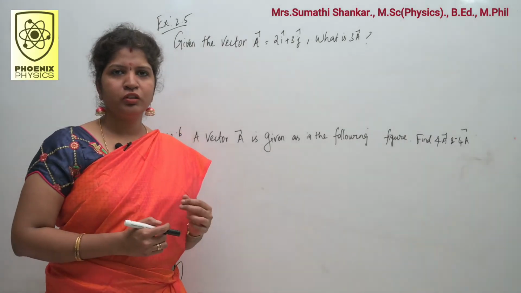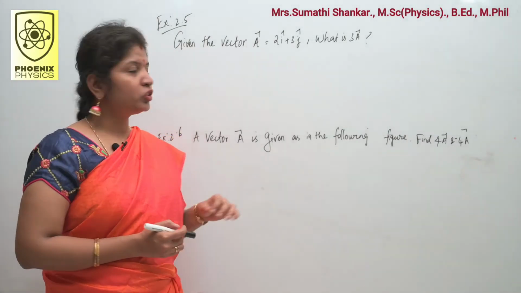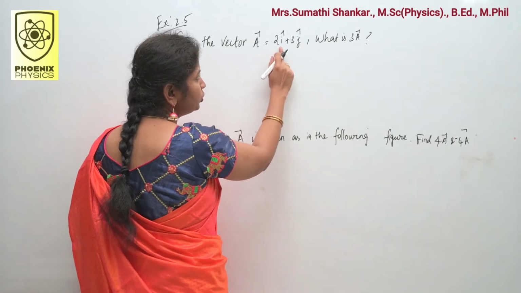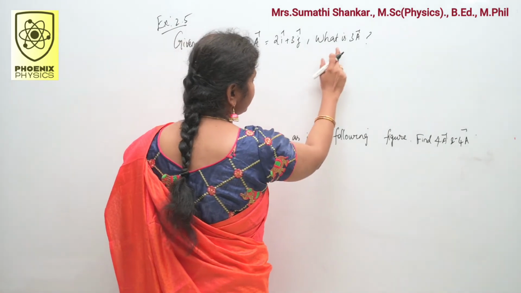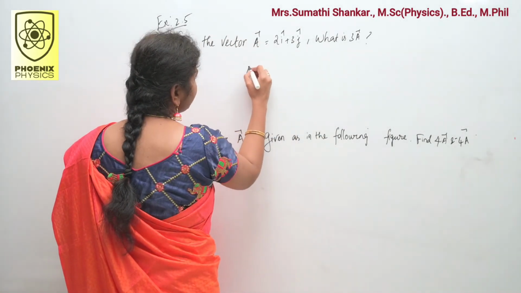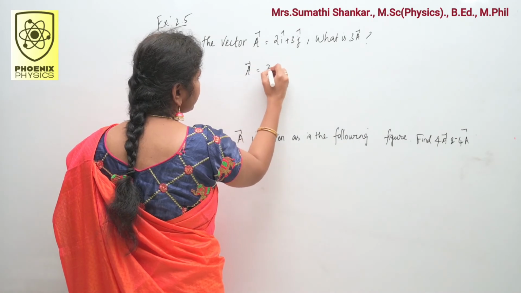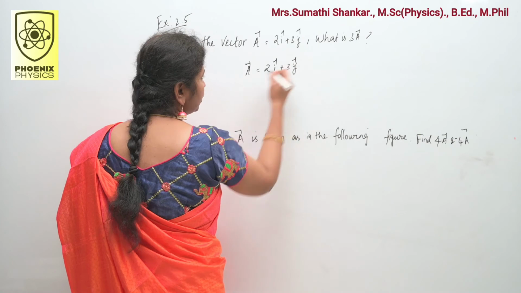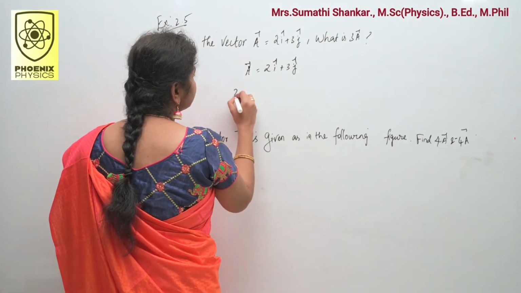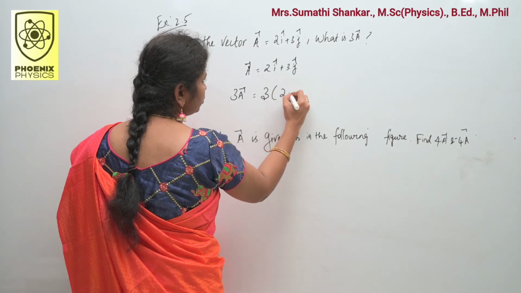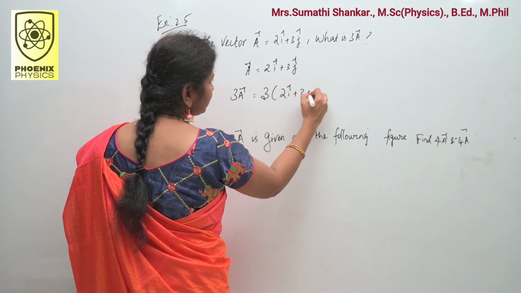Based on the concept, an example problem is given: the vector A is equal to 2i vector plus 3j vector, what is 3A vector? So what is given? A vector is given, A is equal to 2i vector plus 3j vector. So you have to calculate 3A vector. So 3 times A vector, 2i vector plus 3j vector.